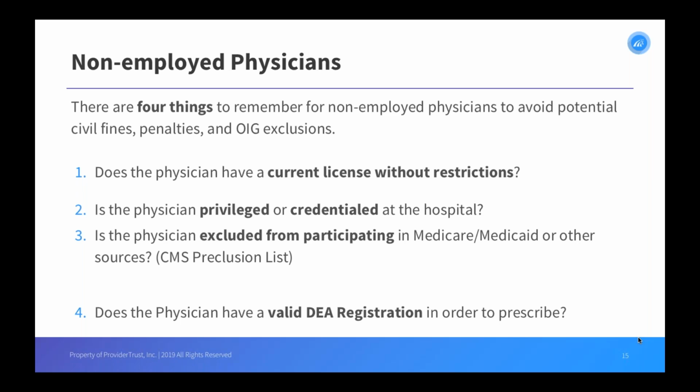And now we have a CMS preclusion list that needs to be an added service that you need to search starting April 1st. And then also, in case he or she is going to prescribe, do they have a valid DEA registration? Those are things that somebody in the organization needs to know before allowing that person to furnish, prescribe, or otherwise provide services.